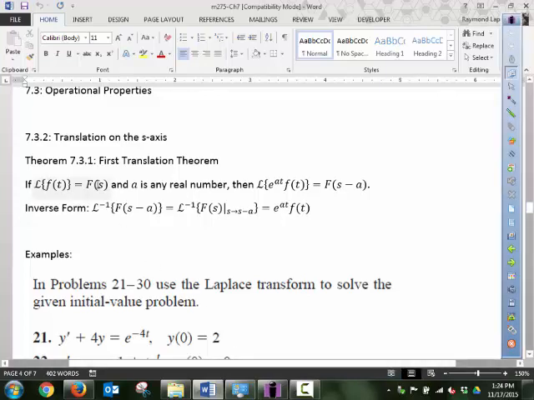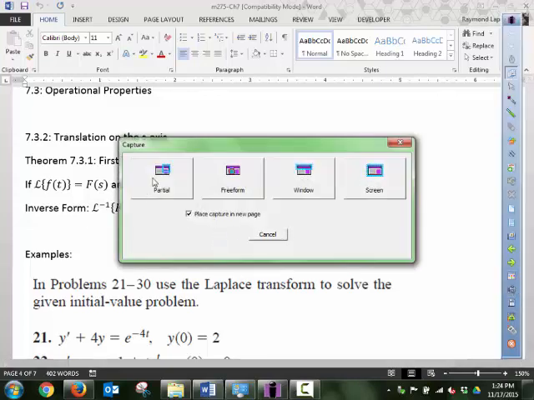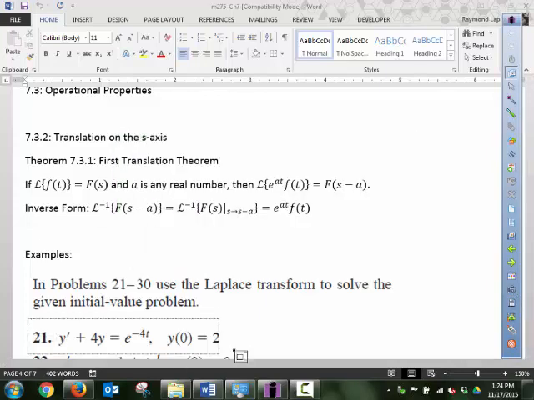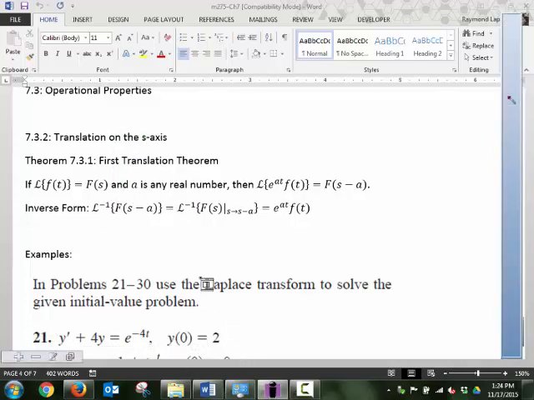Because you talk about this translation in the s-axis. Why would you want to translate in the s-axis? It seems kind of silly to do that, but then you really won't know until you're actually doing a problem. So let's do a problem, get stuck, and say, okay, we need some more tools. I don't know if that's the best way to approach this, but it makes it more interesting for me.